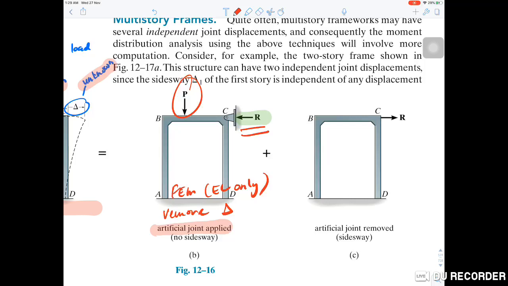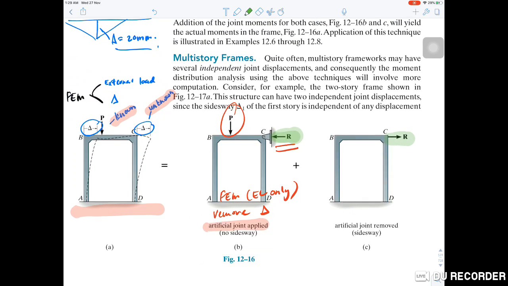In order to do that, we have to add another diagram. If this is negative R, we have another frame subjected to positive R. So diagram C is a frame subjected to positive R in the right direction, so that the frame tends to sway to the right.